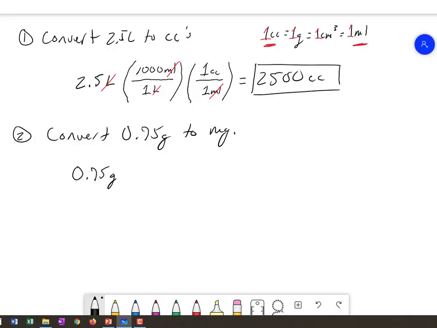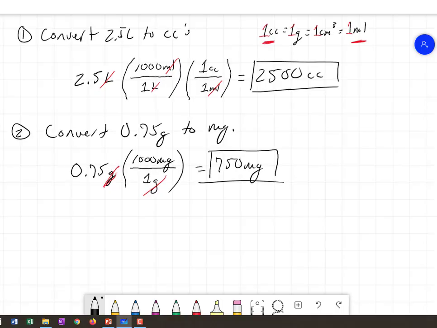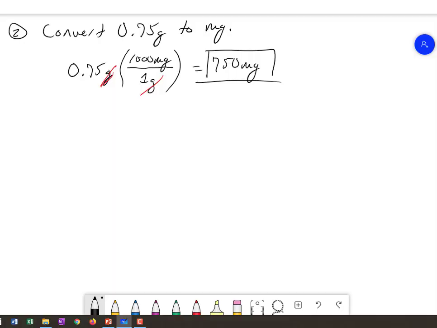I know that 1 gram is the equivalent of 1,000 milligrams, and so this allows me to cross cancel my grams here and here, and so now my answer is going to be in milligrams. And so if I multiply this through, I get 750 milligrams, and of course wall that off to show that that's my answer, right? Okay, so there's the second question.